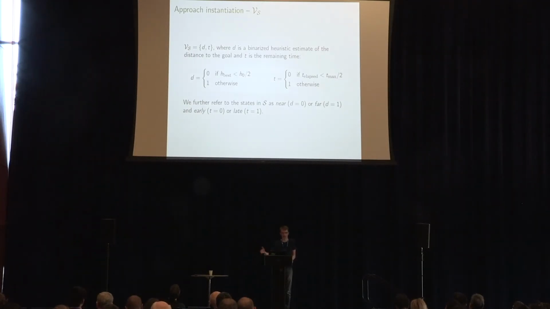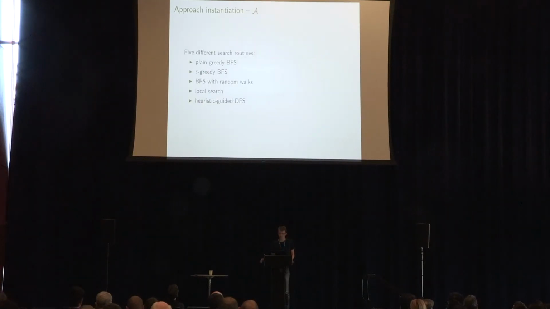So it's 0 if we are closer to the goal than to the starting point. It's 1 otherwise. Similarly, we use T to express how much time we've got remaining. And for simplicity and readability, we further refer to the states in S as either near, when D is 0, or far, and respectively early or late for T.